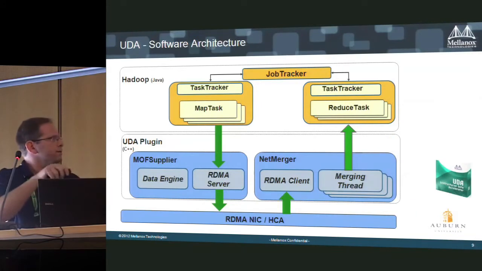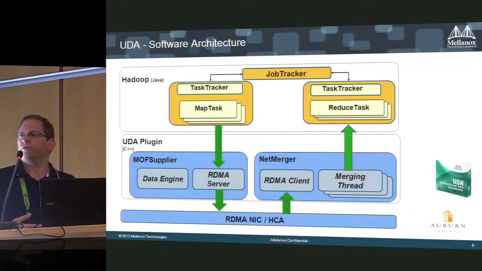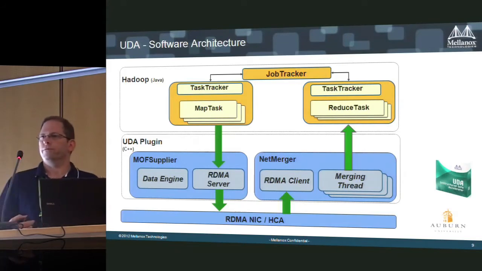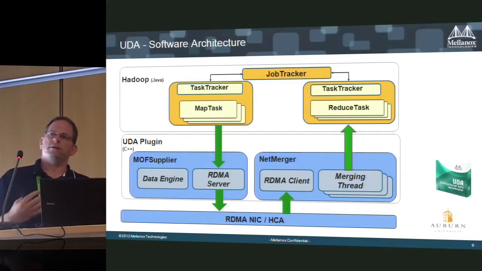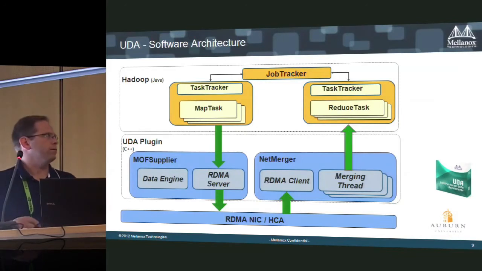The reducer gets the information through the RDMA client, and we do merging in C code, which is much more efficient. This is part of the levitated merge algorithm that was developed together with Auburn University. Now all the merging is done in C, in memory on the reducer side, reducing the execution time on that specific map output file.